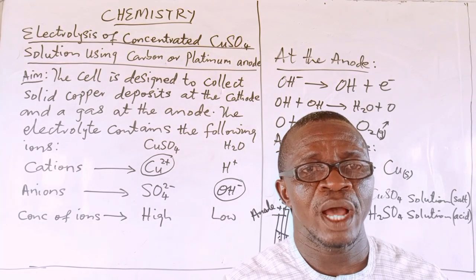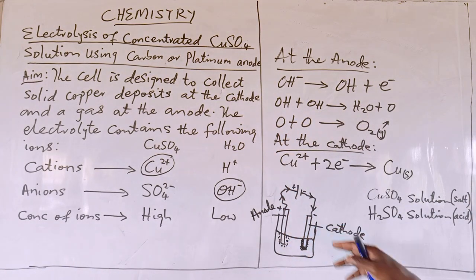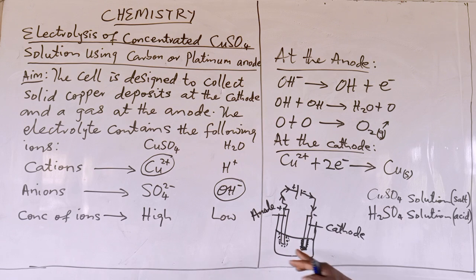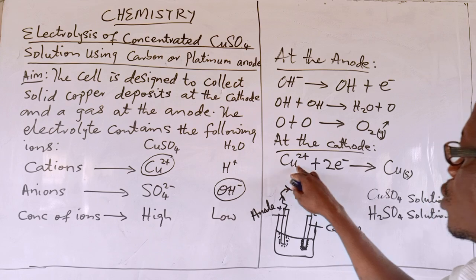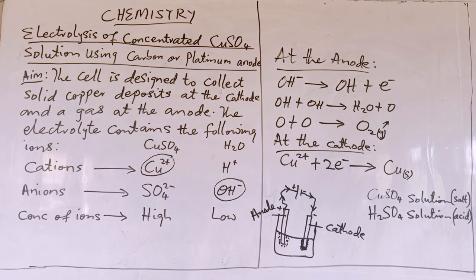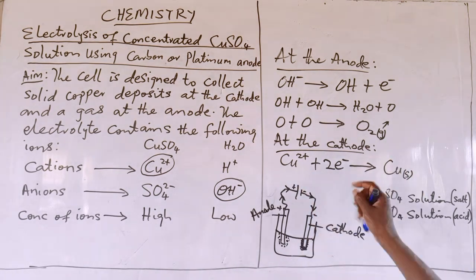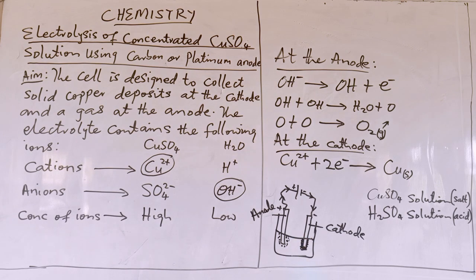So what will happen in this solution is that the color of this solution will be changing gradually from blue; the color will be fading away. It will be fading because Cu2+ is blue in color, and the solution from the beginning was blue in color. But with time, because Cu2+ is leaving the solution, the color will gradually be fading away.